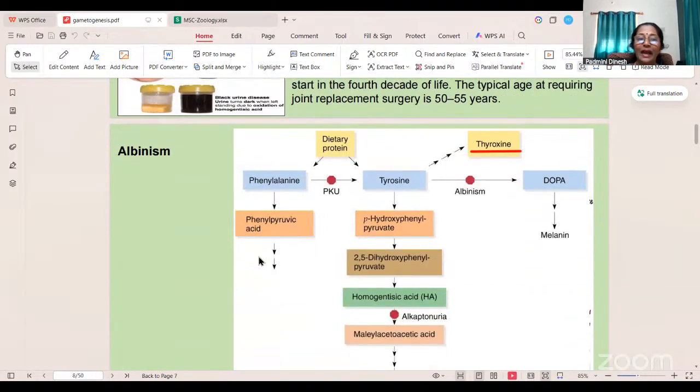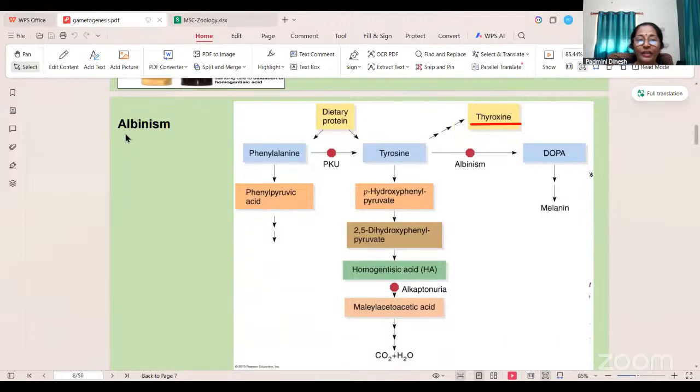The next one is albinism. Now, when you're talking about albinism, I want you to understand this picture. Till now, what we talked about: phenylalanine is metabolized to tyrosine, and tyrosine is metabolized to homogentisic acid and maleylacetoacetic acid. Now, this tyrosine also has to undergo another type of metabolism.